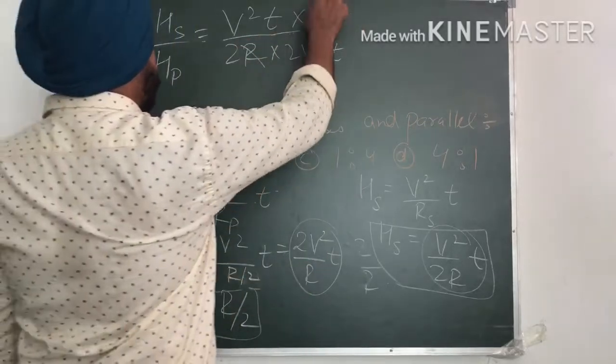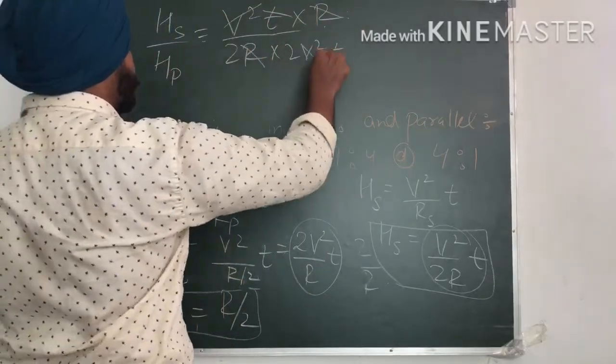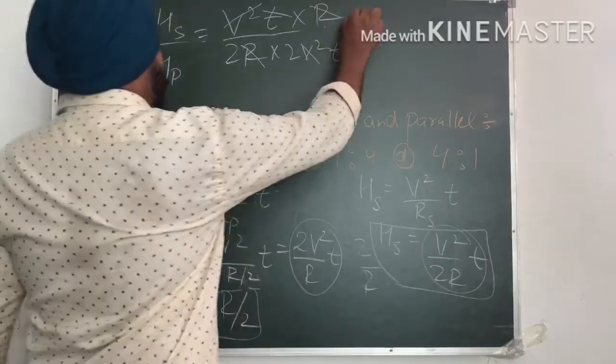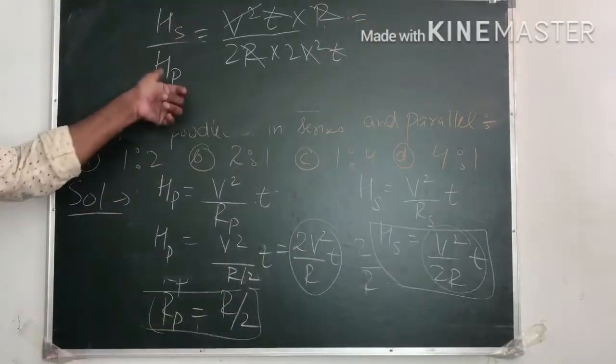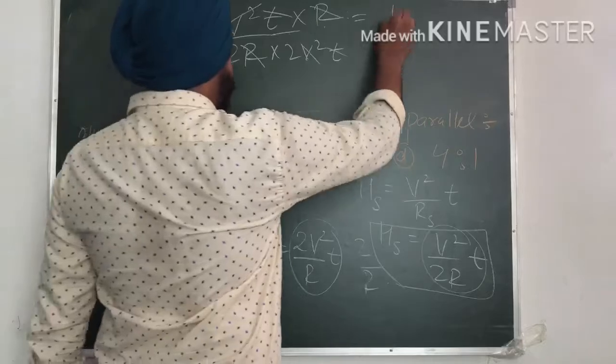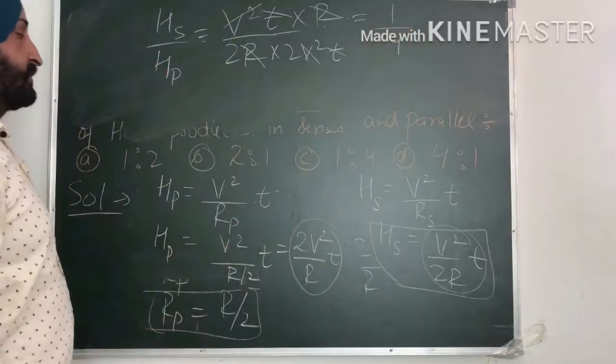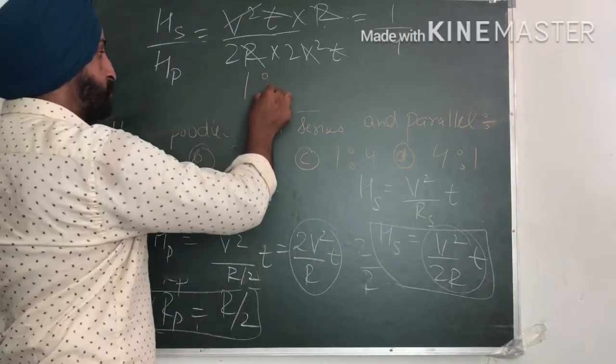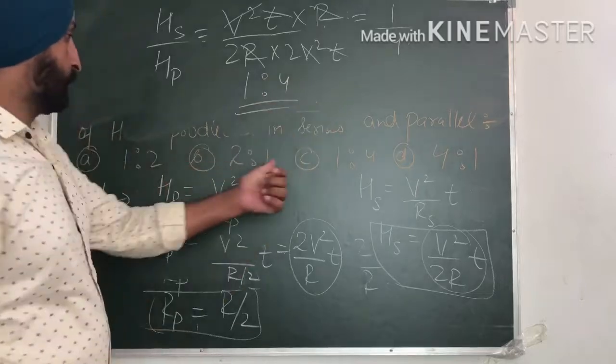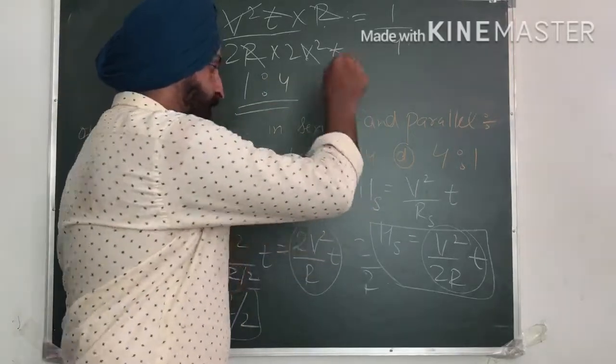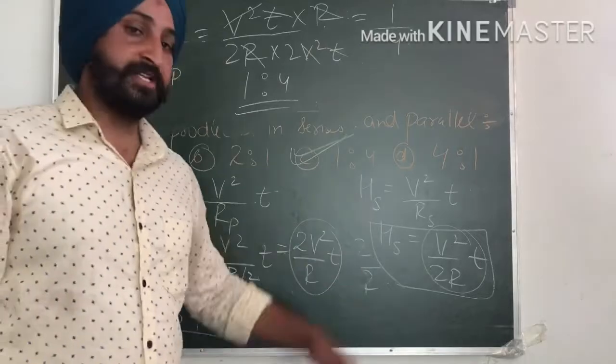So here R and R will get cancelled, V square T will get cancelled. And heat in series by heat in parallel would be equal to 1 by 4. So our answer for the ratio will be 1:4. And 1:4 is here, option number C. So our correct option is option C.